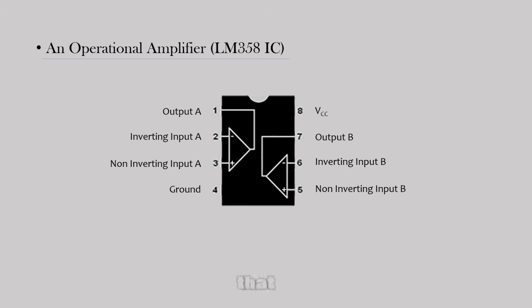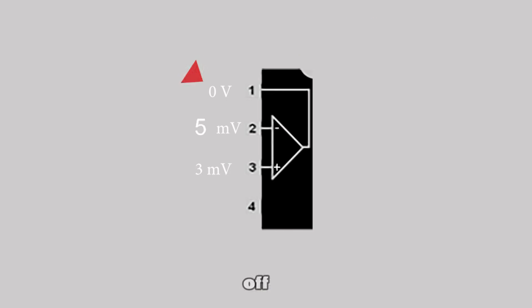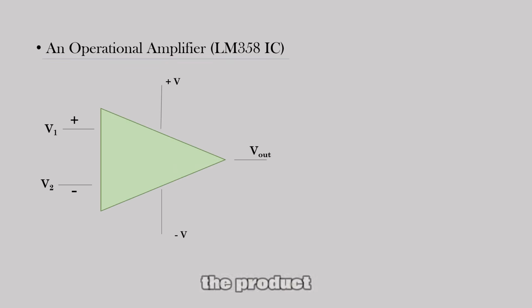Okay, so once we do that, the op-amp will respond on its V out. If the non-inverting pin is greater than the inverting pin, we would have an output voltage given off, and that output voltage would be the product of the gain and the difference between V1 and V2.